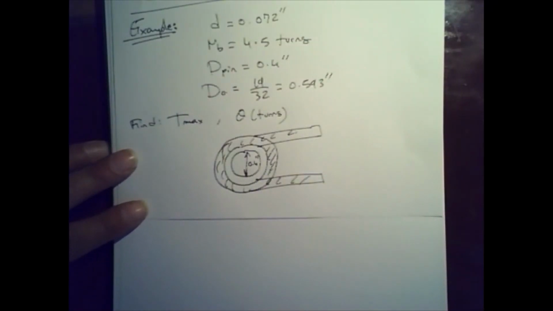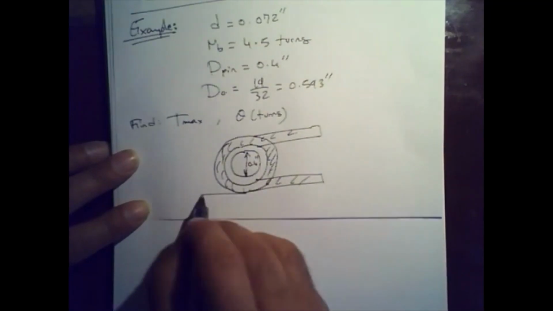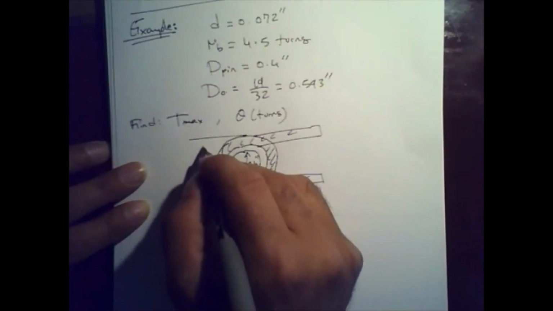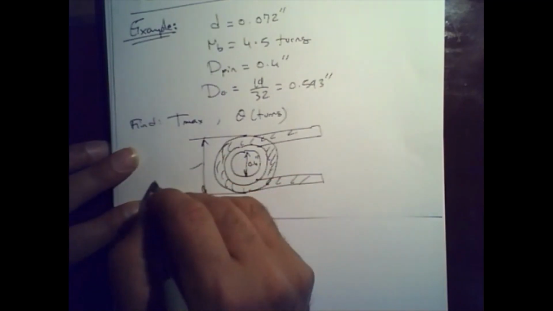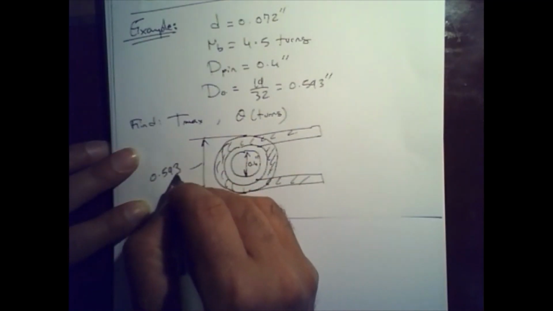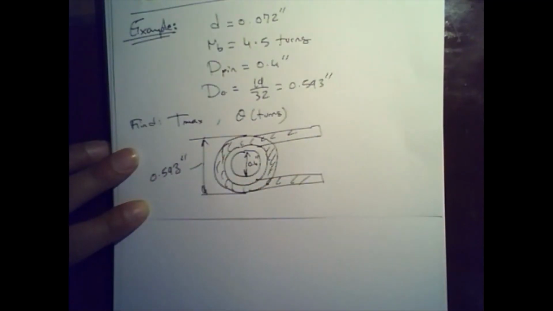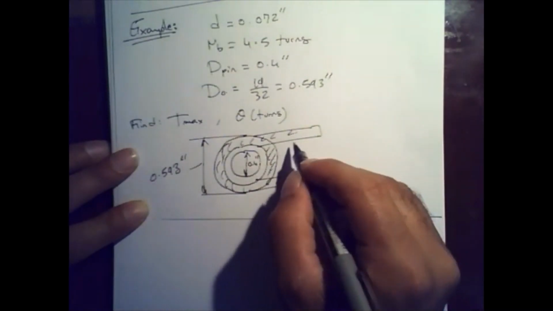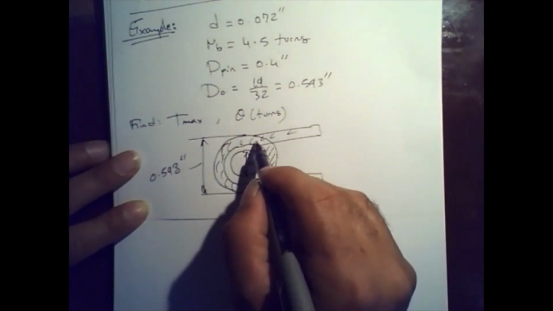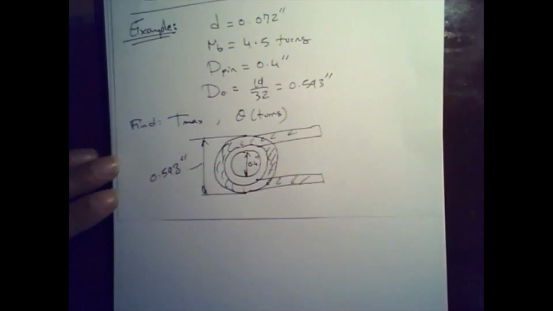They gave us the outer diameter as 0.593 inches. We would like to find the maximum torque applied, so here we're looking simply at the torque inside this.